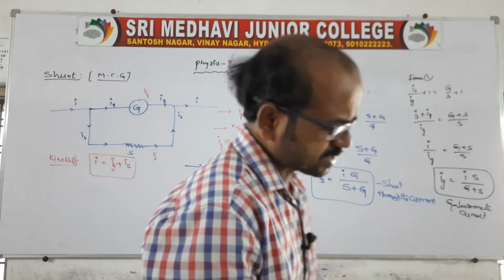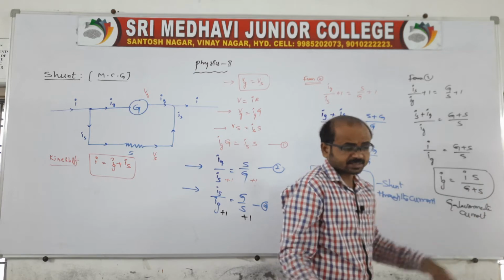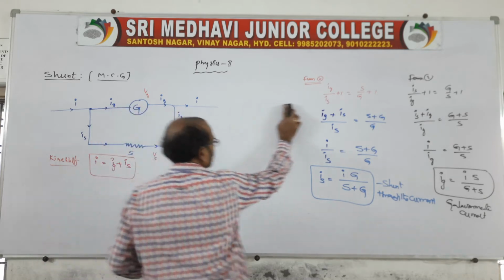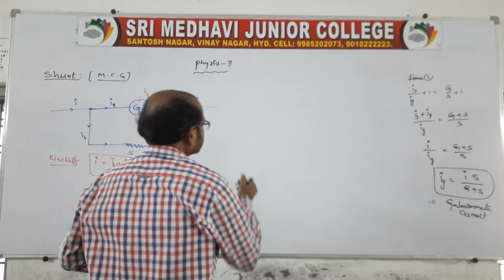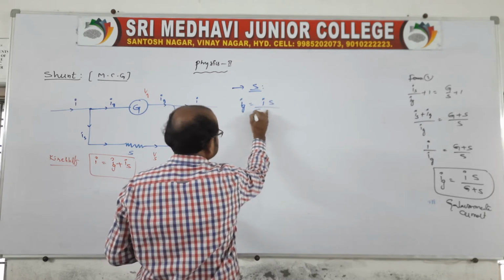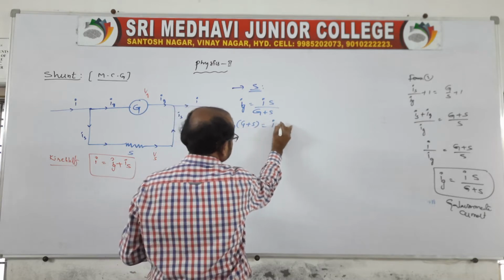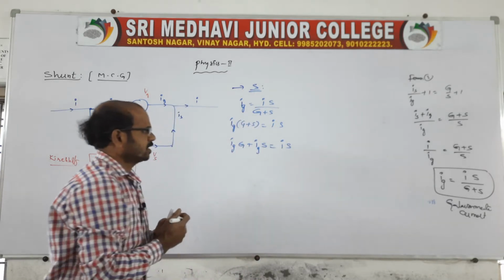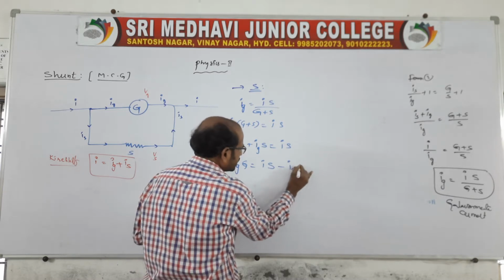For the shunt resistance, use the last expression, the galvanometer current, Ig is equal to I into S by G plus S. We are finding the shunt resistance S. Bringing G plus S to this side, Ig into G plus capital S is equal to I into S. Multiplying out, Ig into G plus Ig into S is equal to I into S. Since it asks for the shunt resistance, take the S terms to one side: I into S minus Ig into capital S.